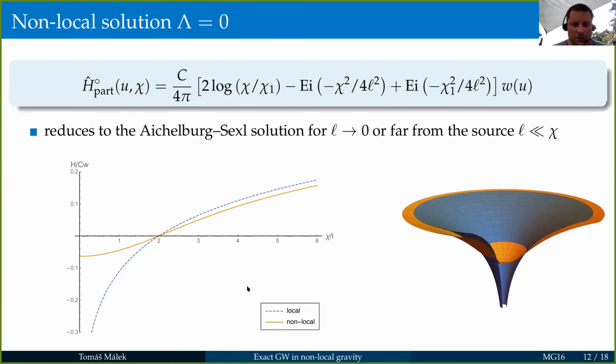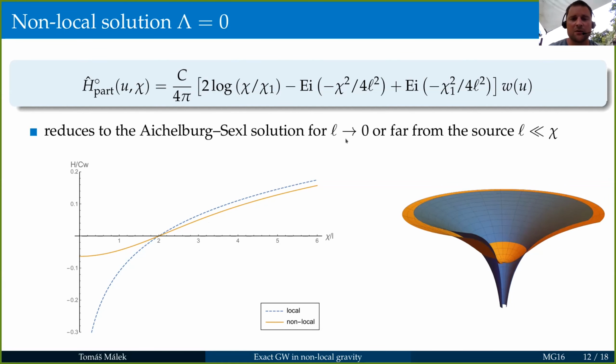In this plot you can compare: the blue dashed line corresponds to the local solution from the previous slide, and the red line corresponds to the non-local solution. As you can see, the local solution diverges at the location of the source, whereas the non-local solution is finite at the location of the source. It's a nice property.